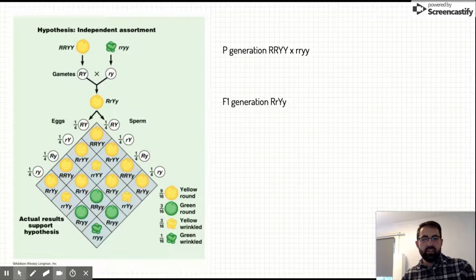I forget the exact ratio for the different genotypes. But the phenotypes, we end up with 9 that are dominant, yellow round, and then yellow wrinkled, green round, green wrinkled, in a 9 to 3 to 3 to 1 ratio.